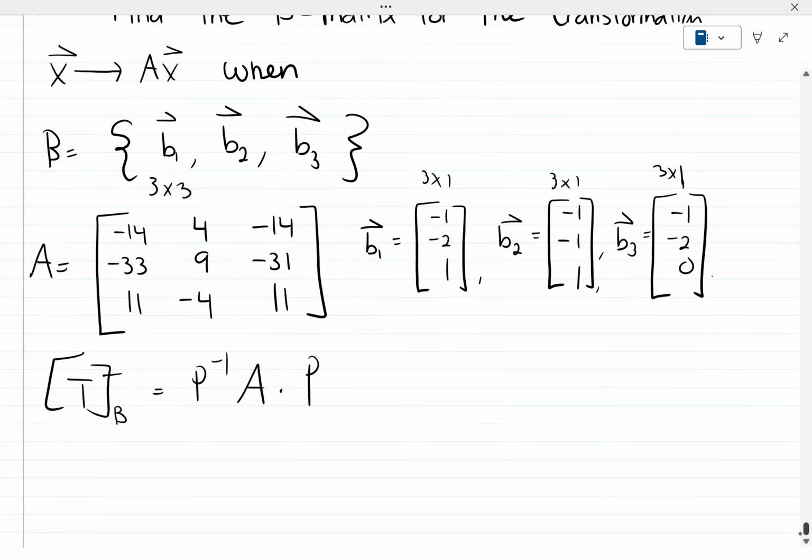So we know our P, what was our P? Our P is the A. No, P is... so my P inverse is going to be this.